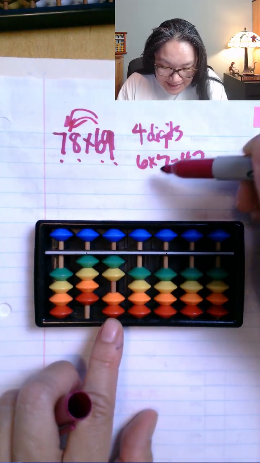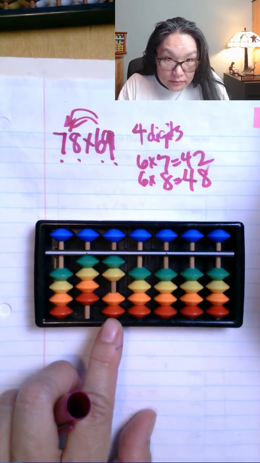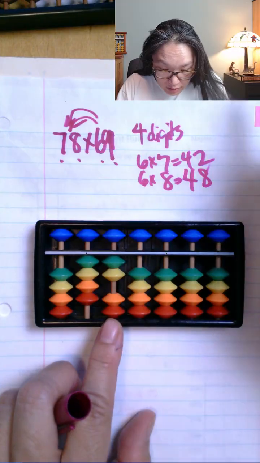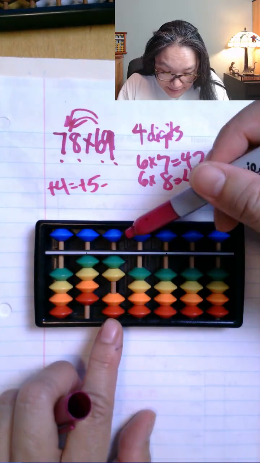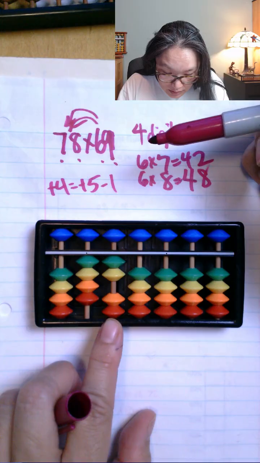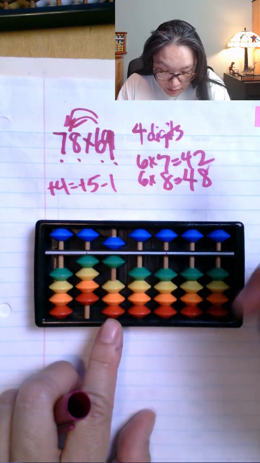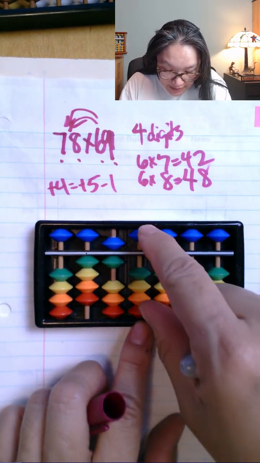And then 6 times 8 is 48. I add 4. 2 plus the 4 is equal to plus the 5 minus 1, because I'm adding the 4, right? So plus the 5, take away the 1. And then I add my 8.